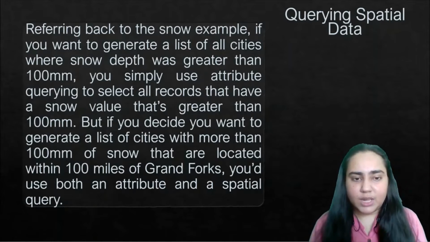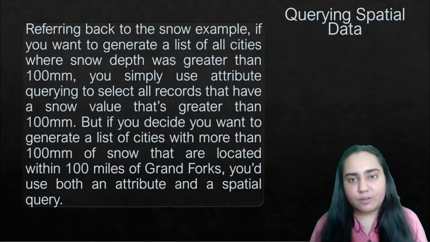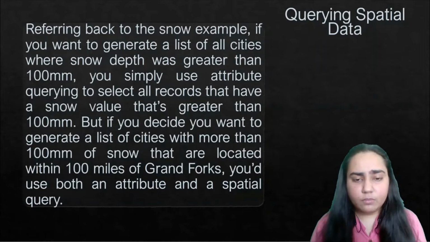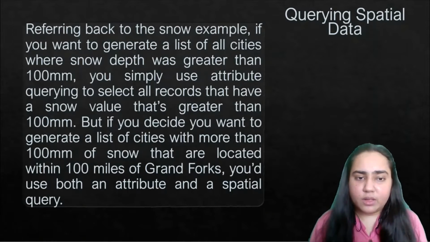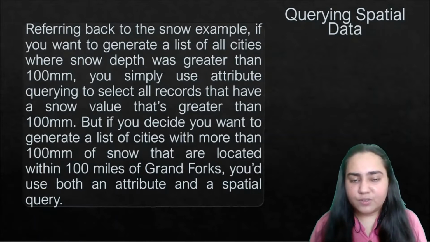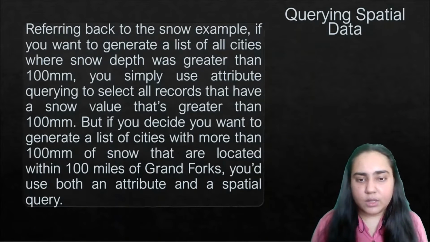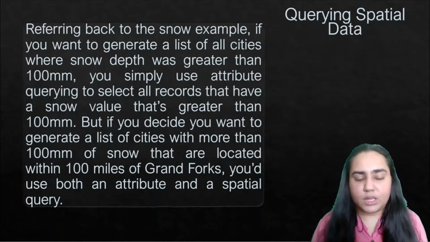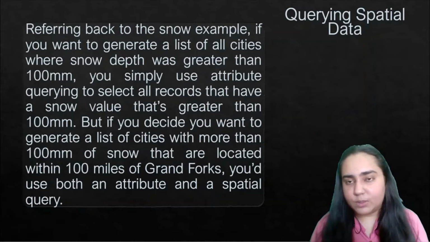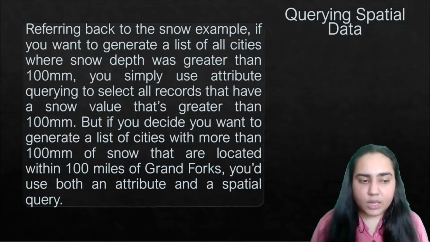You want areas only within 100 miles of Grand Forks. You don't want everything. So to find areas within 100 miles of Grand Forks, you'd have to do a spatial query. But then within those areas, to find areas which have more than 100 millimeters of snow, you would have to do an attribute query.